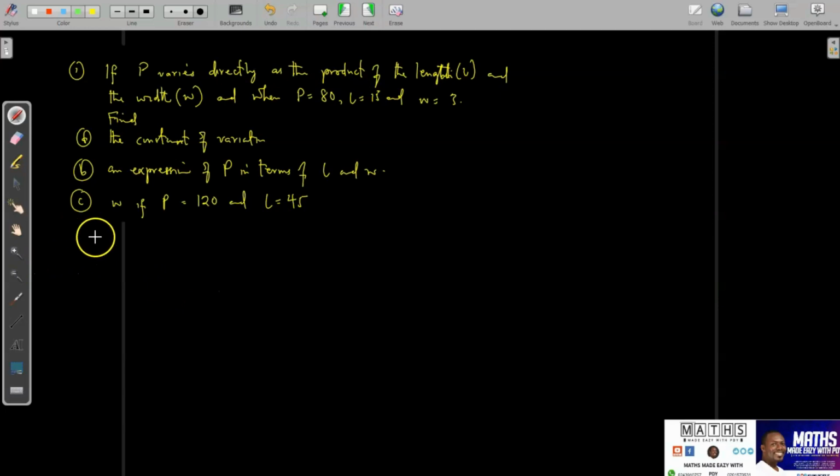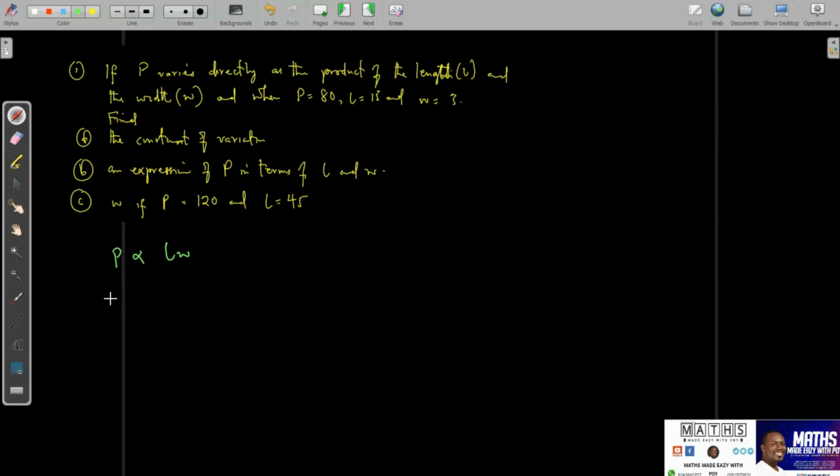But symbolically, how do we represent this? P varies as a product of L and W. So L and W are multiplying. So this is the symbolic representation of the word statement. Then we can change the symbolic statement into an equation. So changing it to an equation, what would we obtain?